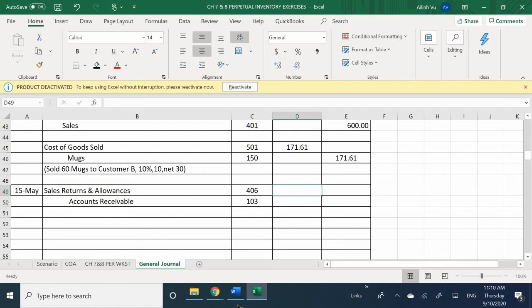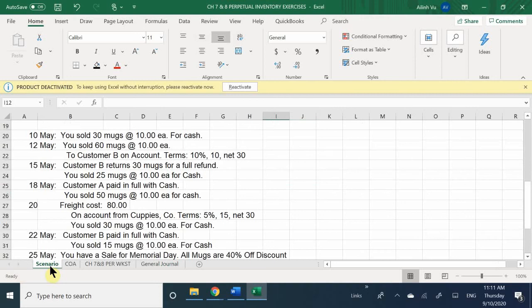So this one we don't really need to truly understand, because we're just going to return what he purchased from us, okay? And we don't need to deal with sales tax. Since he's returning 30 mugs, he's returning half.